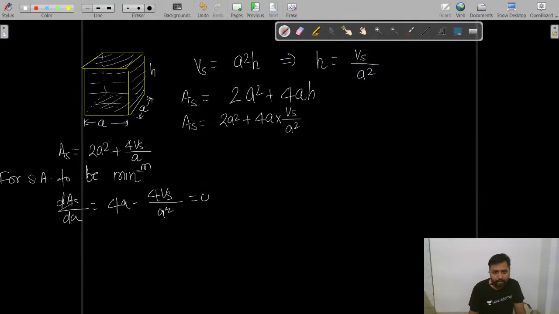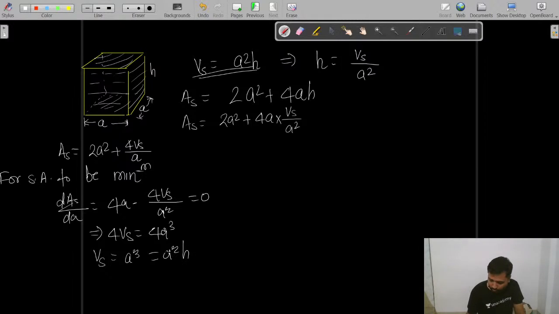I differentiated the term, is equal to 0, so from here you get 4Vs is equal to 4A cube, or Vs is equal to A cube, and this Vs you had already written as A square H. So that's how, my dear students, you get A is equal to H.